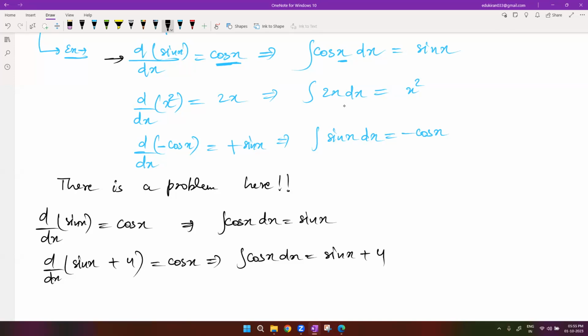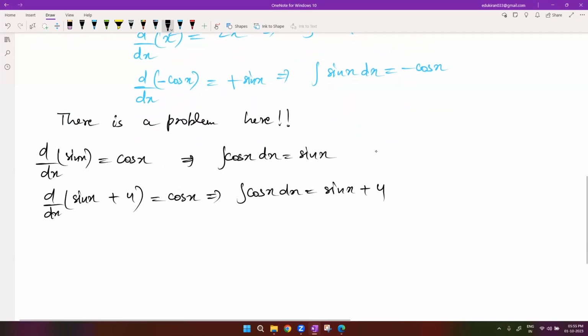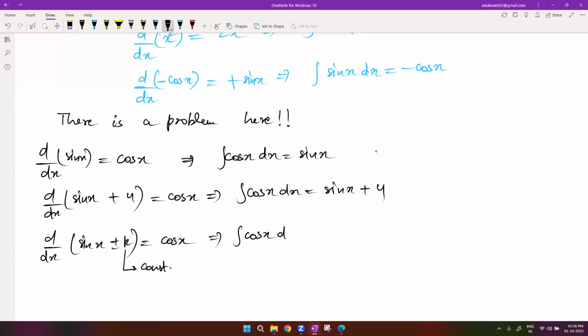The problem that I want to highlight here is the same. You can have multiple expressions, as long as this k is constant and you are adding or subtracting some constant, then the answer would be cos x. So what is the actual integration of cos x? While writing the actual integration of cos x, what we do is we put a c.